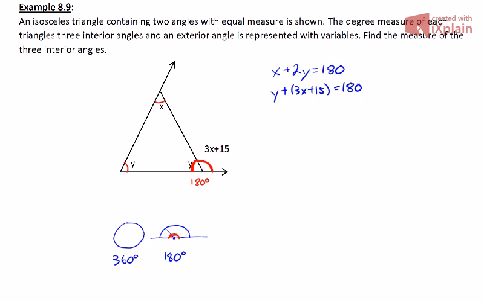Then I would simplify that second equation by subtracting 15 from both sides and switching the order of the 3x and the y. So I would write it as 3x plus y is equal to 165, and I wouldn't do anything to the other equation. I'll just make it x plus 2y equals 180. And that represents our system.